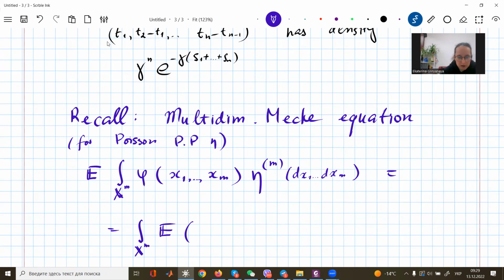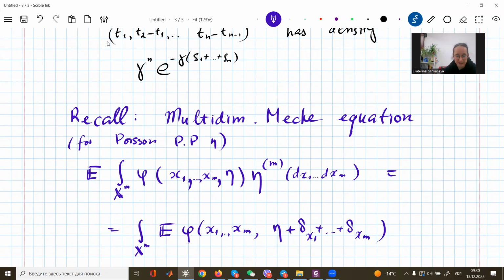I'm sorry, I didn't write here, we have a function that depends not only on points but on a measure itself. Yes, we had such a function. Then we write here the expectation of phi of x1 and so on xm, and here, in the dependence on the measure, we add points at x1, ..., xm, delta xm.